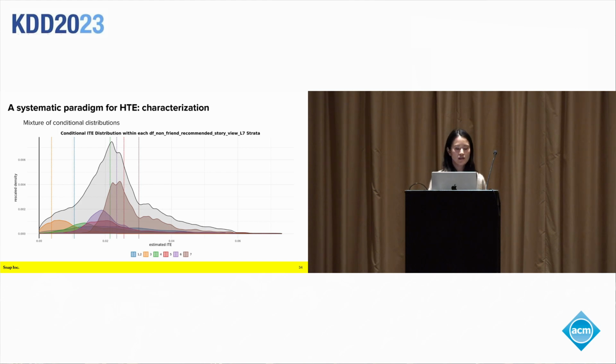Taking this example, the gray shade is the global ITE distribution, and these colored shades are the ITE distributions in each strata. From this example, we can see that most of the tail treatment effects come from strata 7, which means that users who benefit the most from the treatment are most likely strata 7 users.